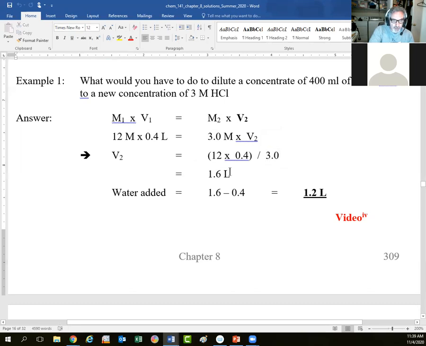That gives us a value of 1.6 liters, but the original volume of the solution was 0.4 liters. So subtract that volume you already had, the amount of water added is just 1.2 liters. V2 is the final total volume, but the amount of water you add is the difference between V2 and V1.